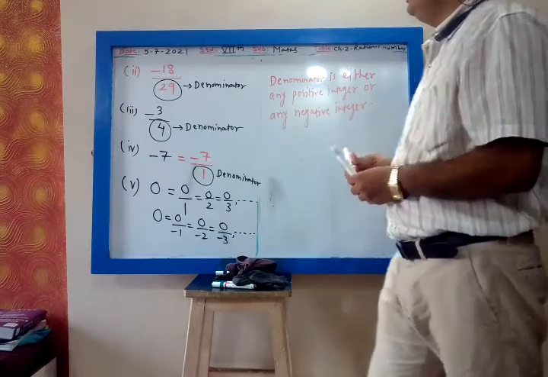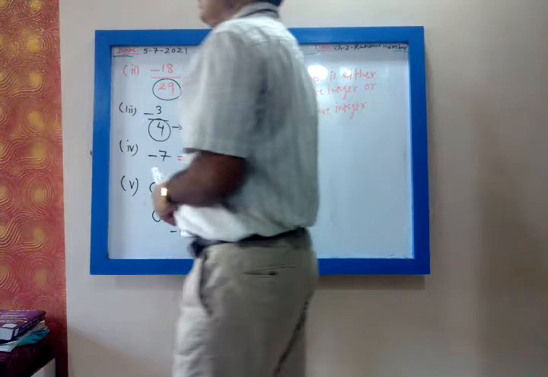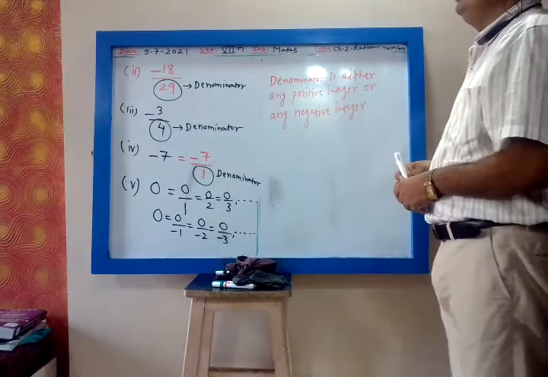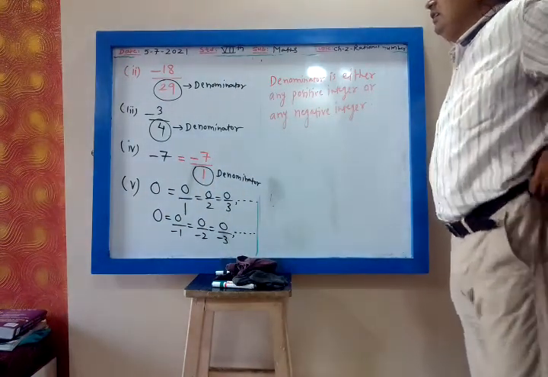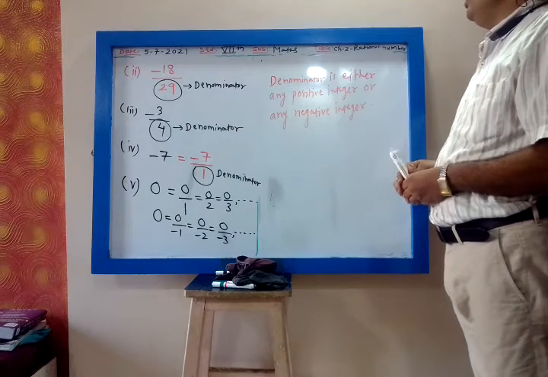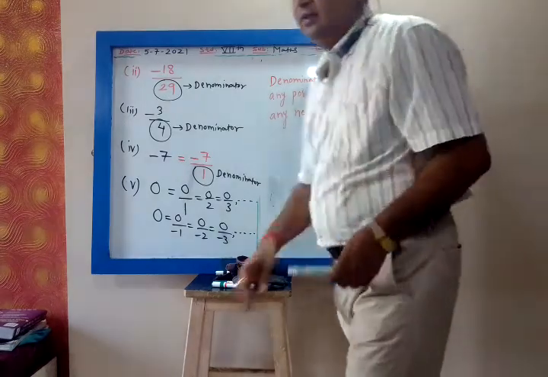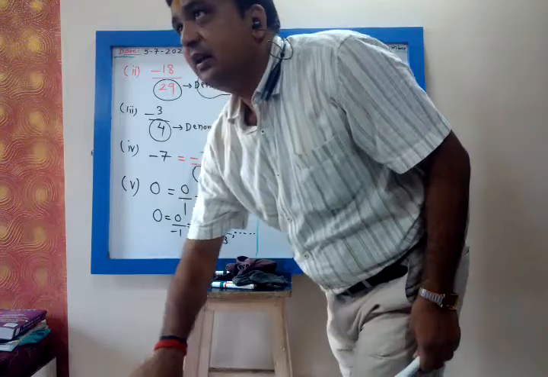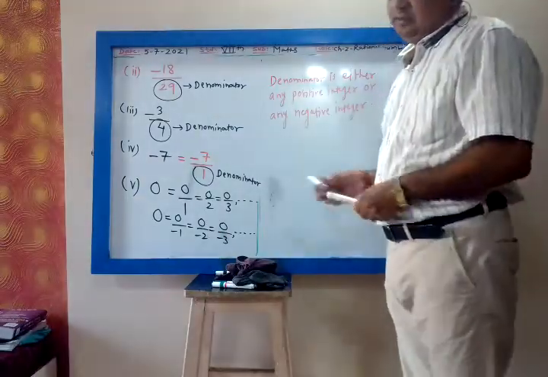But denominator cannot be 0. In case of 0, it can be either a positive integer or a negative integer. Write down: denominator is either any positive integer or any negative integer.